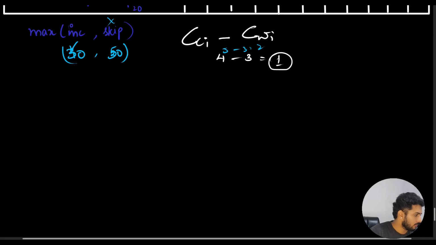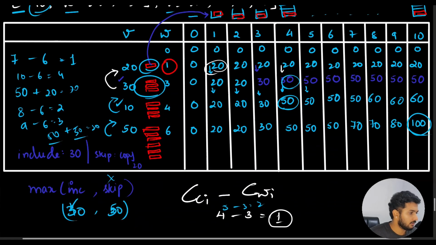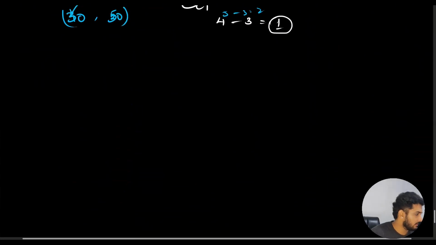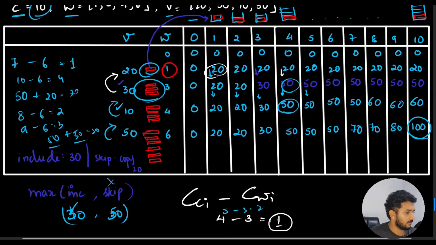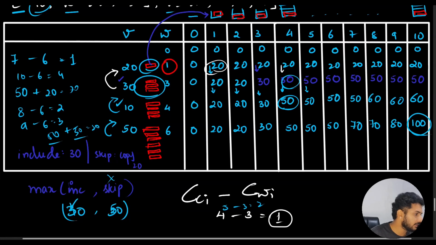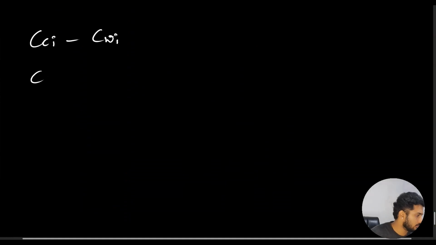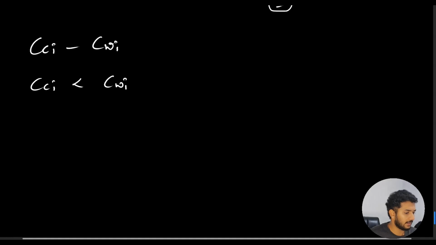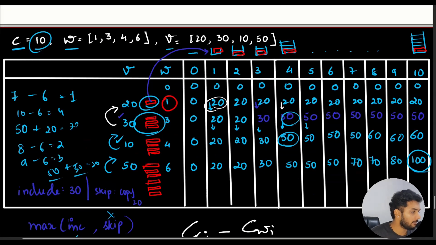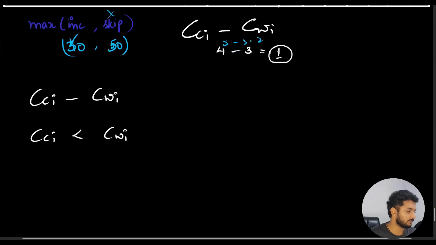So at a specific index, what I'm looking for is the current capacity of I minus current weight of I. If the current capacity of I is less than the current weight at I, then we will copy the cells from the previous row.